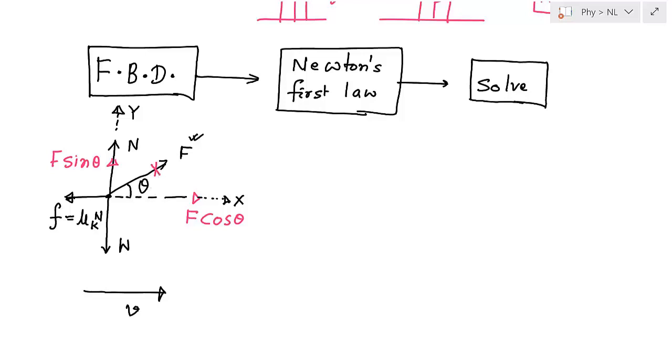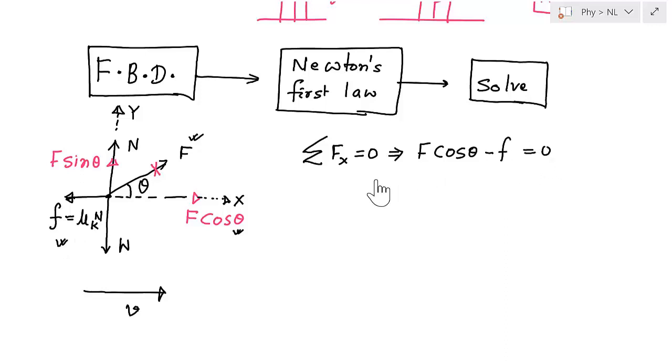Now let us write Newton's first law. First we will write in the x direction: the summation of forces in the x direction is equal to 0, because this is moving with a constant velocity. What are the forces acting in the x direction? One force is F cos theta, and the friction force is also there, but it is in the negative direction, that's why we put a minus f, and this is equal to 0.